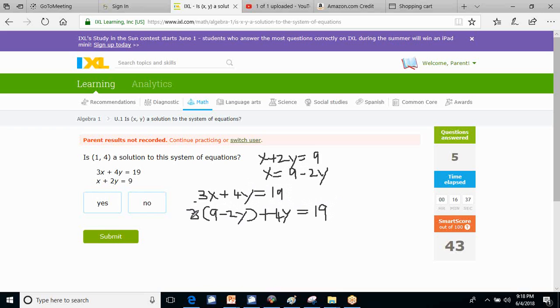All right, so you're going to remove your bracket now. So 3 nines is 27, right? And 3 twos are 6. So we get 6y. So when you remove your bracket, you have 27 minus 6y plus 4y.